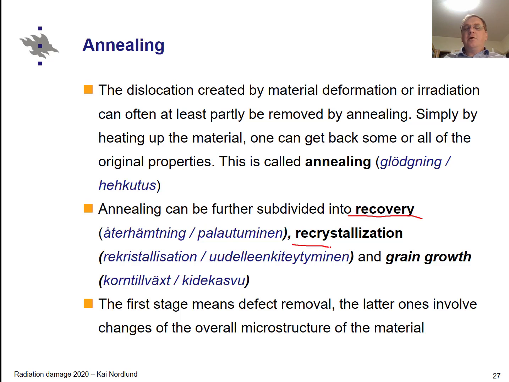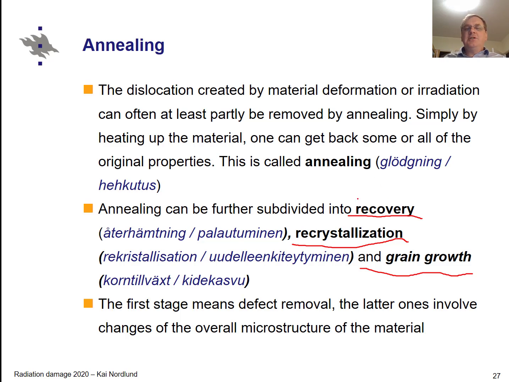On the other hand, you can also have recrystallization, so that if you have a poor quality crystal, the crystal quality improves, but with very much or long-term heating, the polycrystalline grains may grow, which may or may not be good news depending on what kind of application you have.